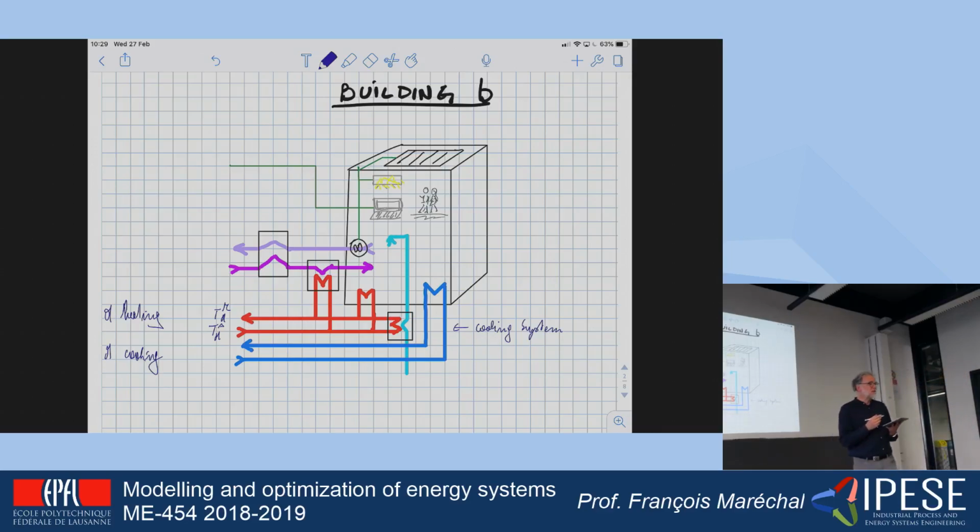And what I can see is that the heat is going to be used, on the one hand, here, to supply some heat by convection in radiators. Okay? It's also possible that the district heating system is going to be used in order to produce the hot water.